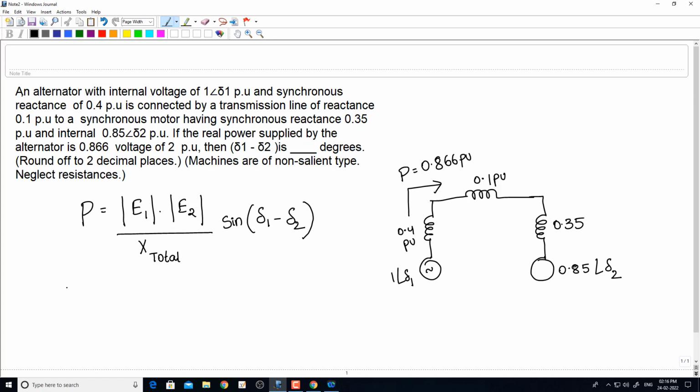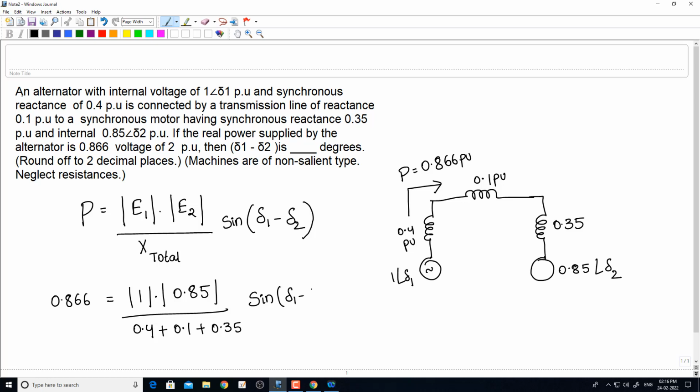Also, it is given that power flow is 0.866, and the magnitude of the sending end voltage is 1, and the magnitude of the receiving end voltage is 0.85, divided by total reactance, which is alternator reactance plus transmission line reactance plus synchronous motor reactance, into sine of delta 1 minus delta 2.